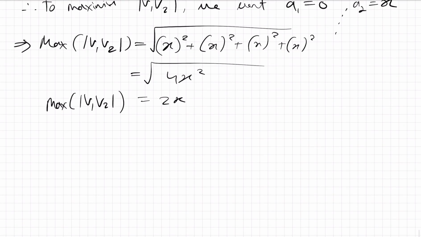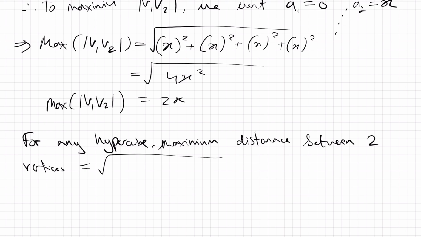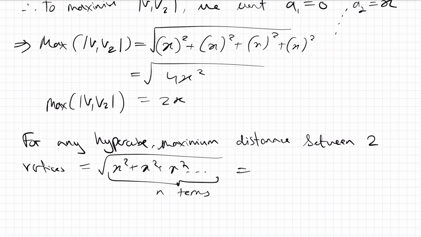And we could actually generalize this for any hypercube. Maximum distance between two vertices is given by the formula x squared plus x squared plus x squared, this n times, which is equal to n x squared, which is equal to x root n.